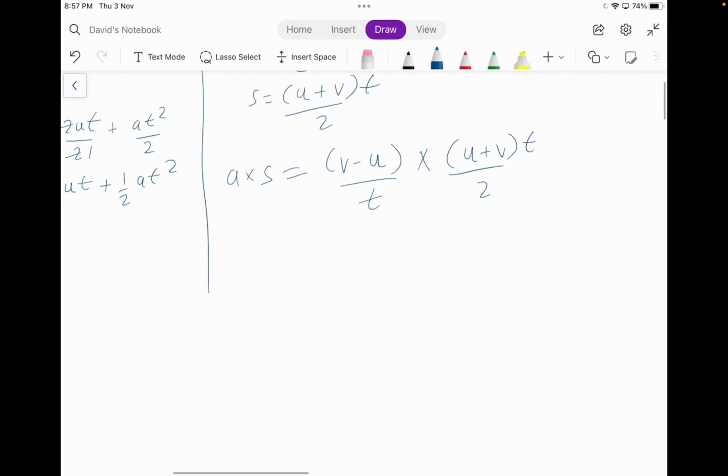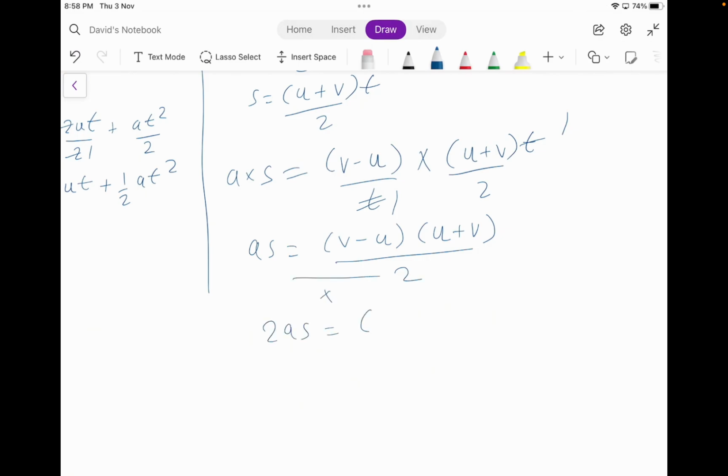Once you multiply both, you can cut out the t part, so this simplifies to 1. Then you get (v minus u), in brackets, (u plus v), divided by 2. The 2 you can take to the other side if you multiply it. So you get 2as equals (v minus u)(u plus v).